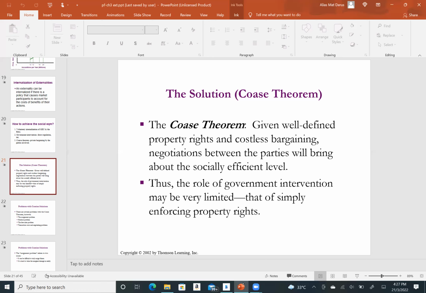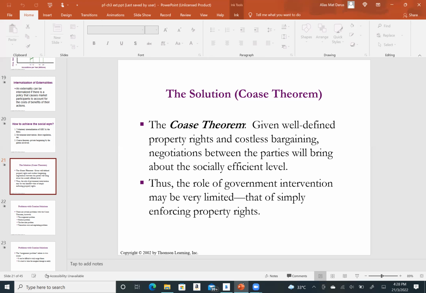All right. So this is the Coase theorem. Since it's a theorem, it's a concept, so you have to have an assumption. The assumptions are two. If the assumptions are present, then the private bargaining between the relevant parties will lead to socially efficient outcome.